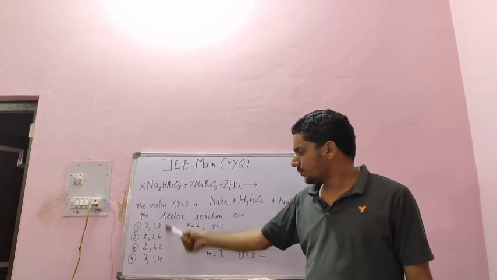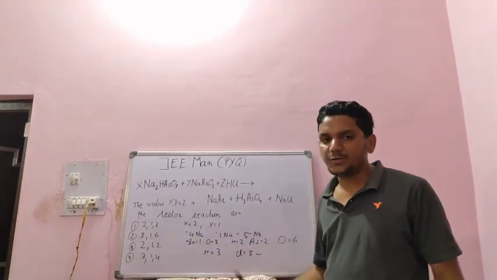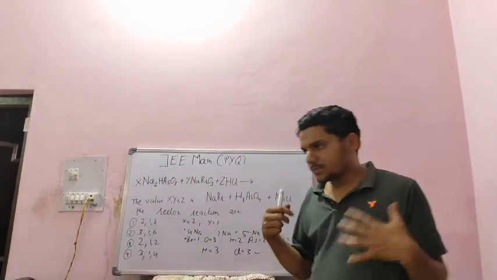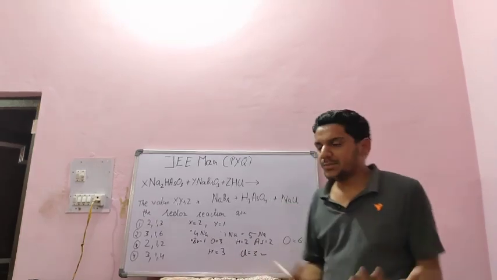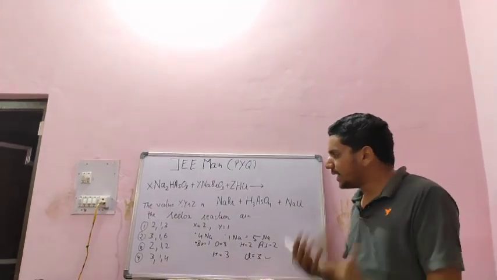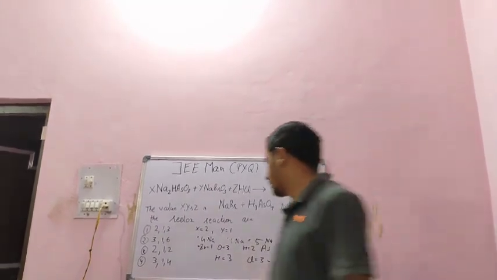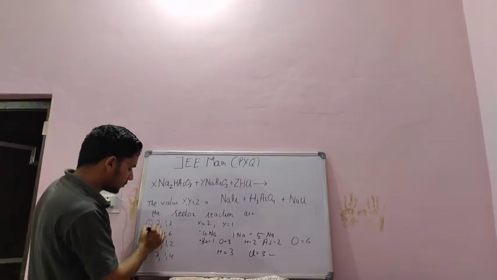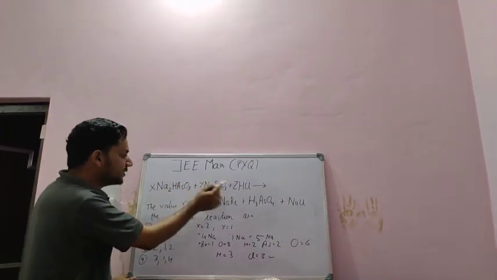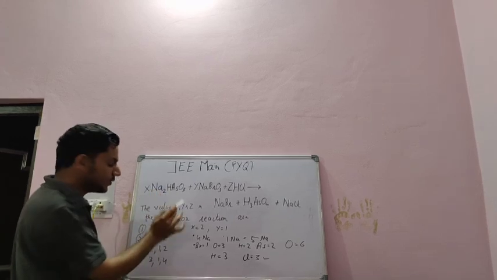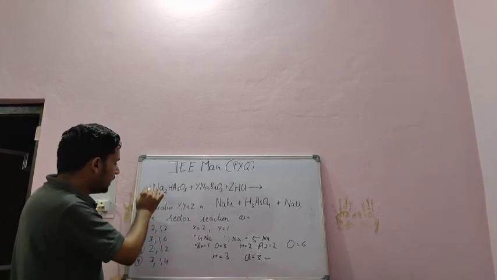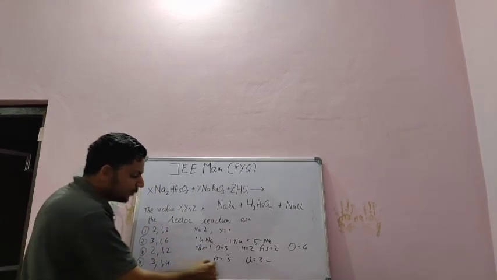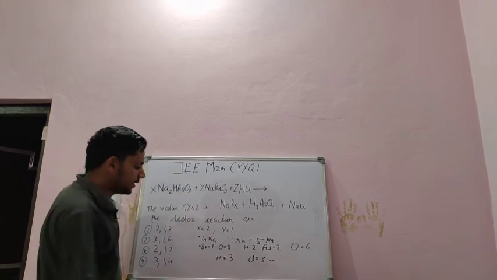We are given the values of x, y, z as different options, so the best technique is elimination. I am taking the first option, putting the values 2, 1, 3, and I already solved the number of elements for the reactant.